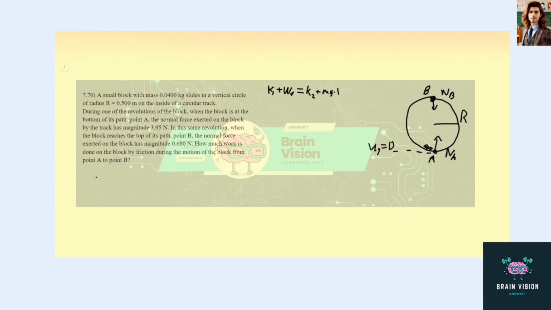Okay, so our sum of forces at point A is going to be equal to our mass times our acceleration at that point. Now, our acceleration at that point is going to be the centripetal acceleration directed inward, keeping the block moving in a circle.